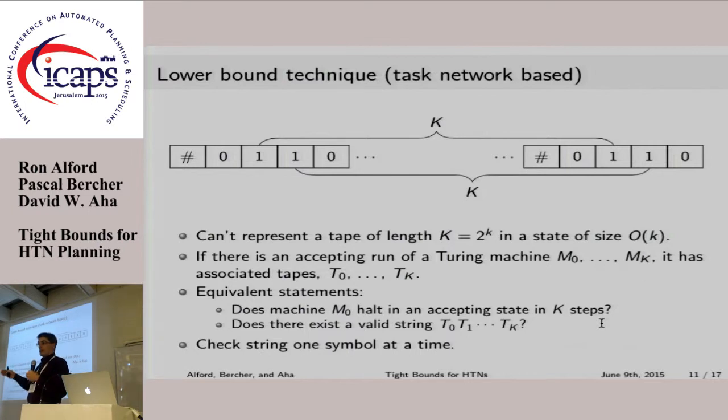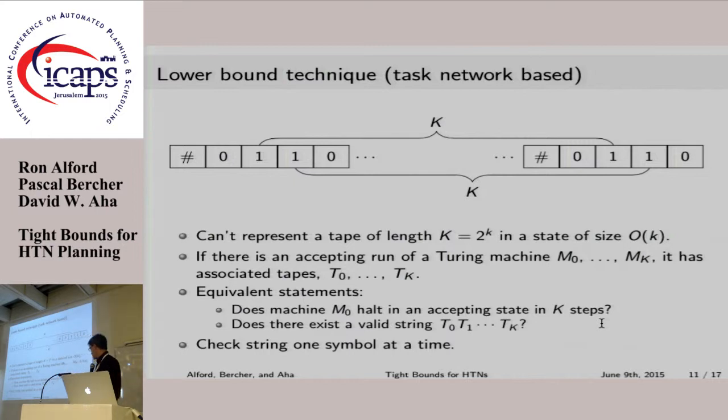There's a series of tapes that represent those configurations, and if we concatenate them all together, this becomes a string checking problem. So it's equivalent to say: does a given Turing machine halt in k steps, or does there exist a concatenation of k Turing machine tapes that are valid given our machine definition.